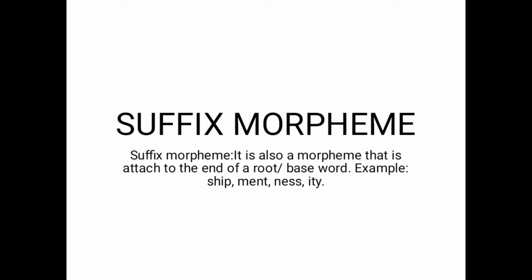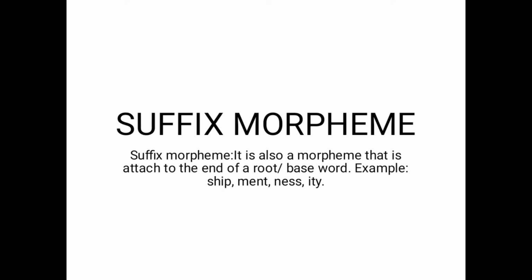So suffix morphemes are morphemes that attach to the end of a root or base word. So we saw that the prefix is added to the front, but the suffix is added to the end of a root or base word. Alright, so we can have examples like ship.